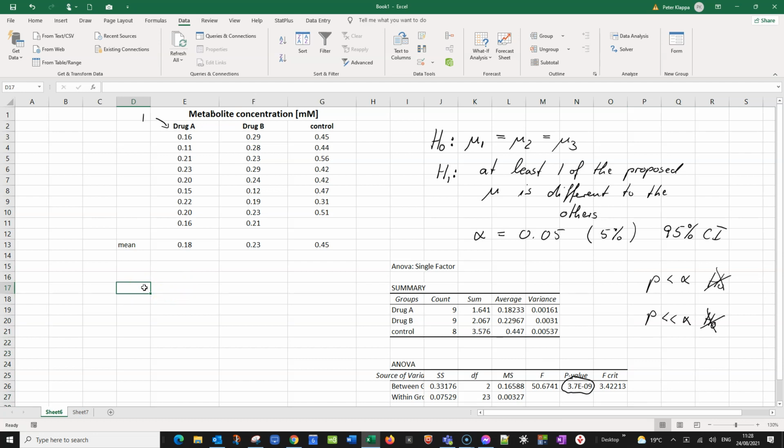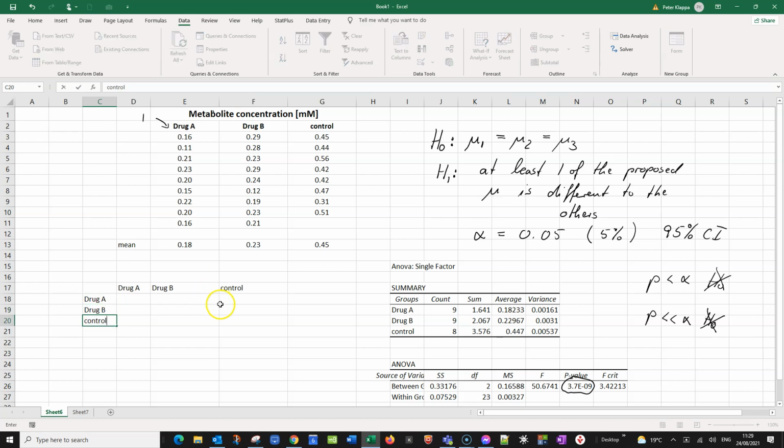create a sort of a matrix where we have drug A, drug B, and control, and we compare them. Here, drug A, drug B, and control.